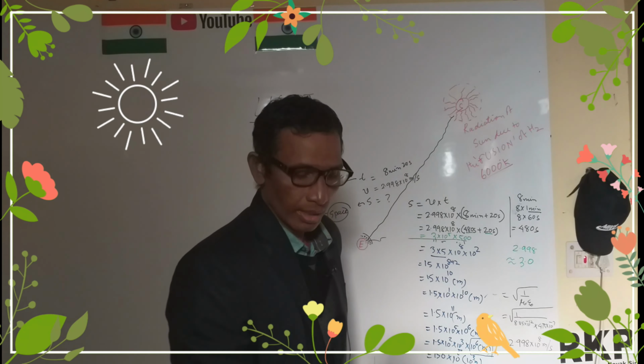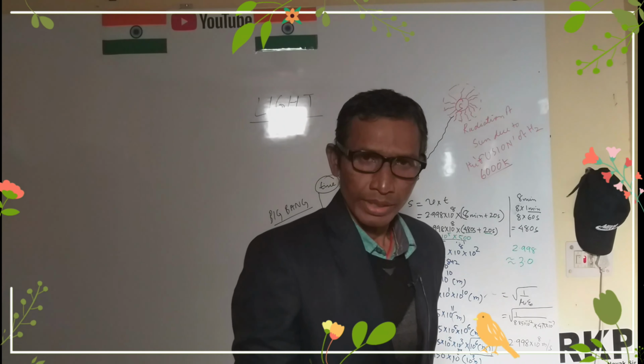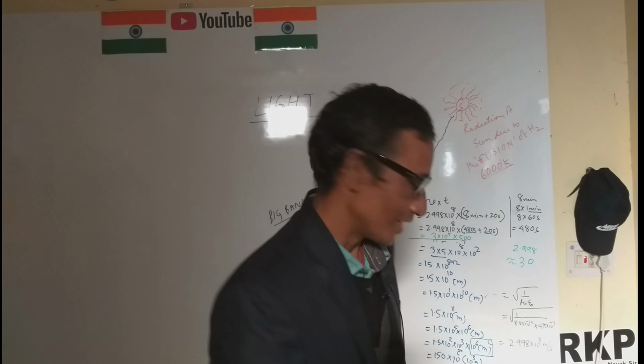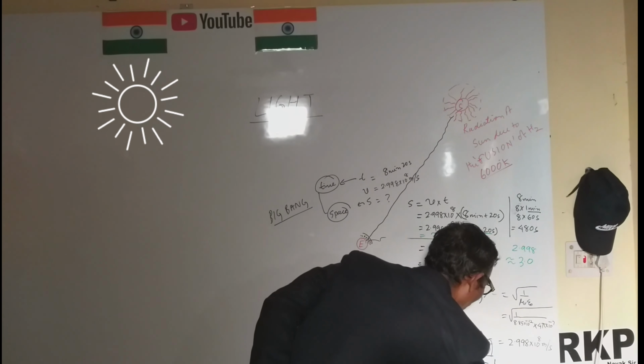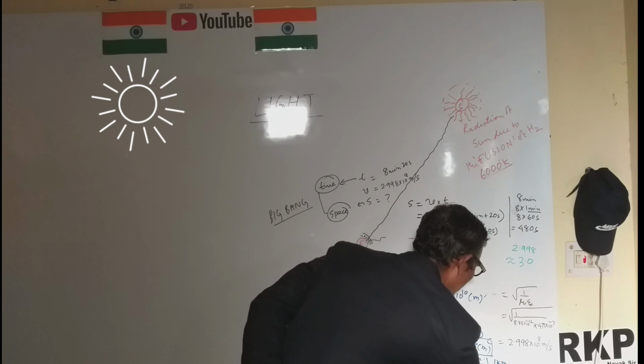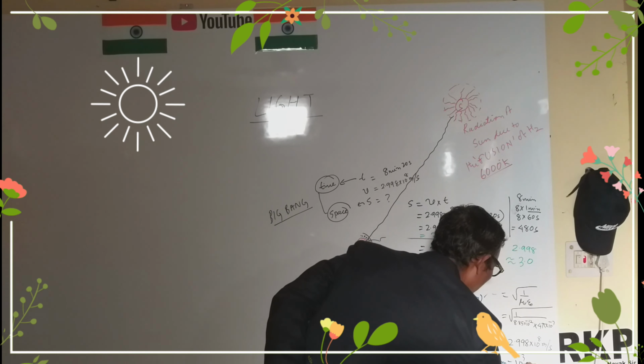You know that 10 to the power 3 meter is 1 kilometer. So 1 kilometer equals 10 to the power 3 meter.